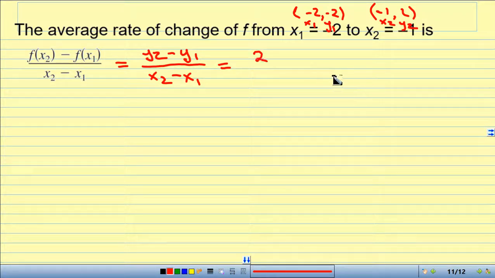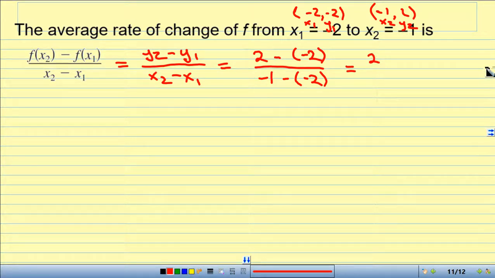So I've got 2 minus a negative 2, and that's all over negative 1 minus a negative 2. So if I simplify that, 2 minus a minus is a plus, so plus 2. And that's all over negative 1 minus a negative 2, so negative 1, again, plus 2. So this becomes 4 over 1.